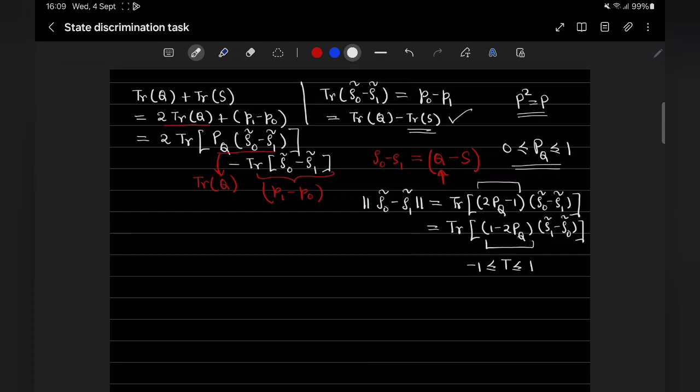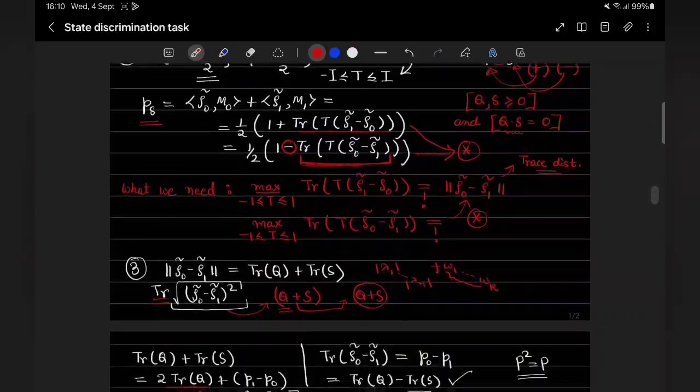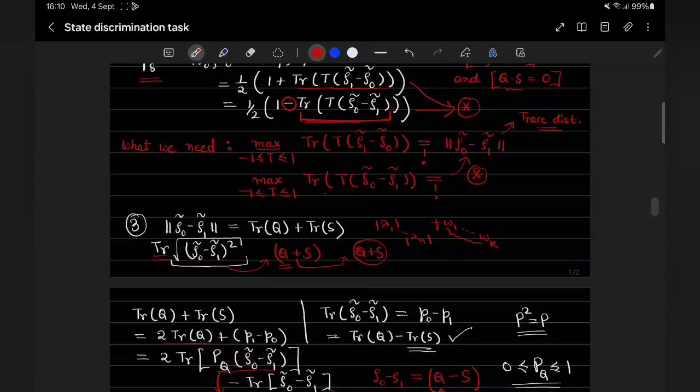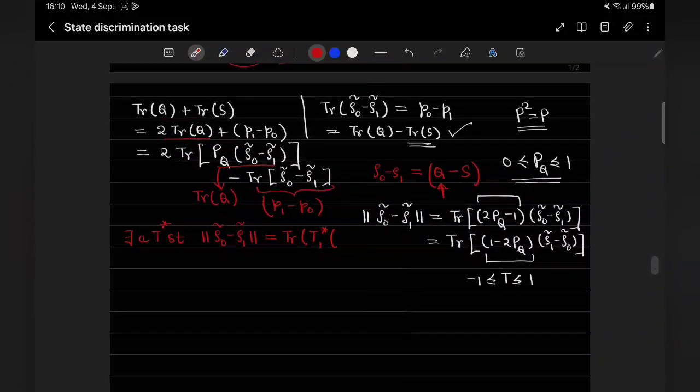So this means we have shown that there is a t. So let's write. There exists a t, I call this t star, for example, such that norm rho 0 tilde minus rho 1 tilde is equal to trace of t star, for example 1 times... So here I have two different expressions which are exactly the same, so I should remember that.